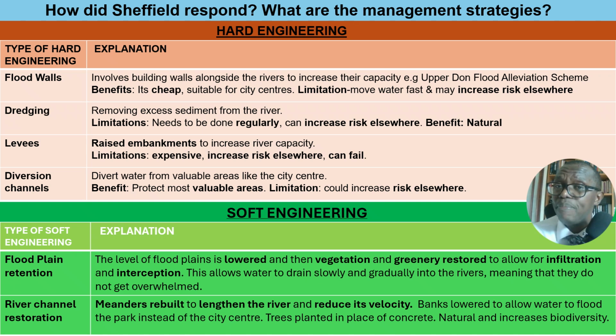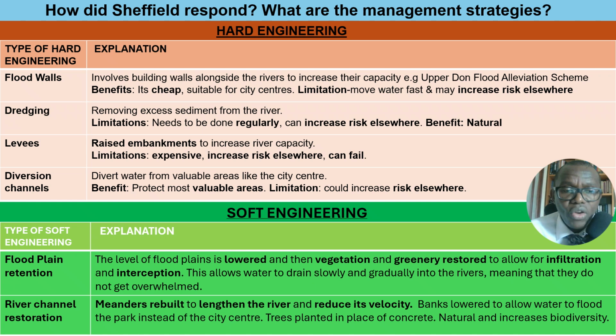But then again, this can also increase flood risk elsewhere, because you are causing the water to build up within the river channel itself and then drain away from the area very quickly, and it's a lot of water. So downstream, if other areas are not protected, they are also likely to get flooded. Okay, and then the benefit is that it can be done regularly, and it's quite natural.